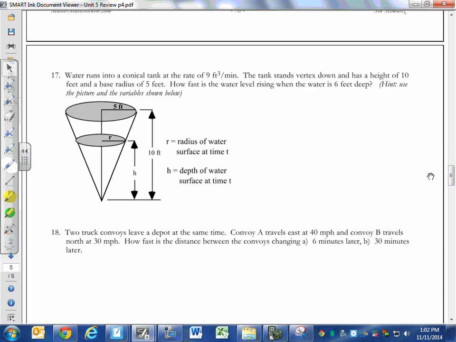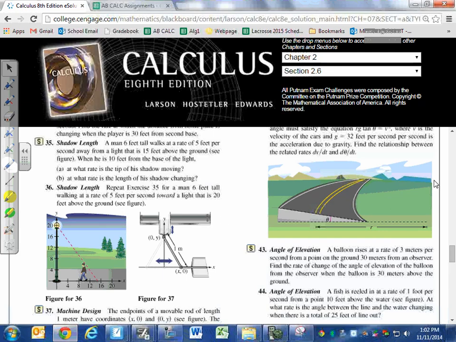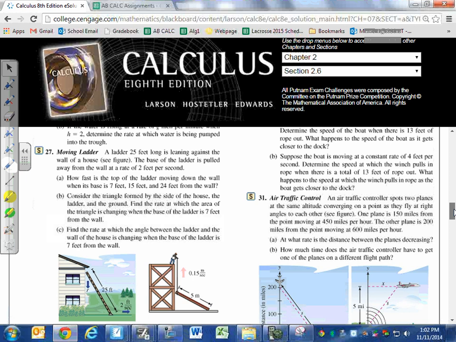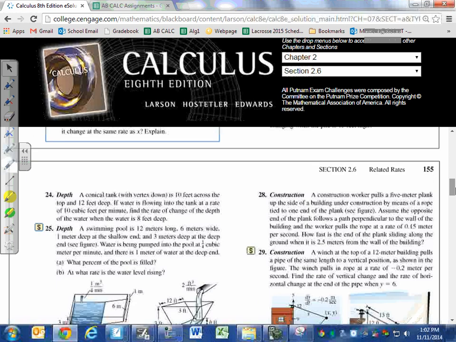They are telling you the hint. Now, this was like problem number 22, 24. And I told you on the notes or on the homework to look at the video to know how to do this. You need to establish a relationship between the radius of your water and the height of the water to the radius of the tank and the height of the tank. And they're telling you to do that here. So do 17. Let's see how you do.